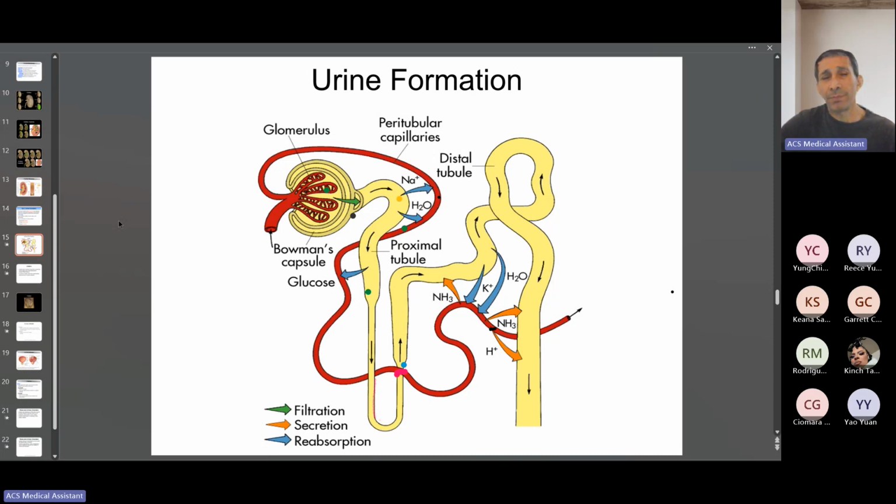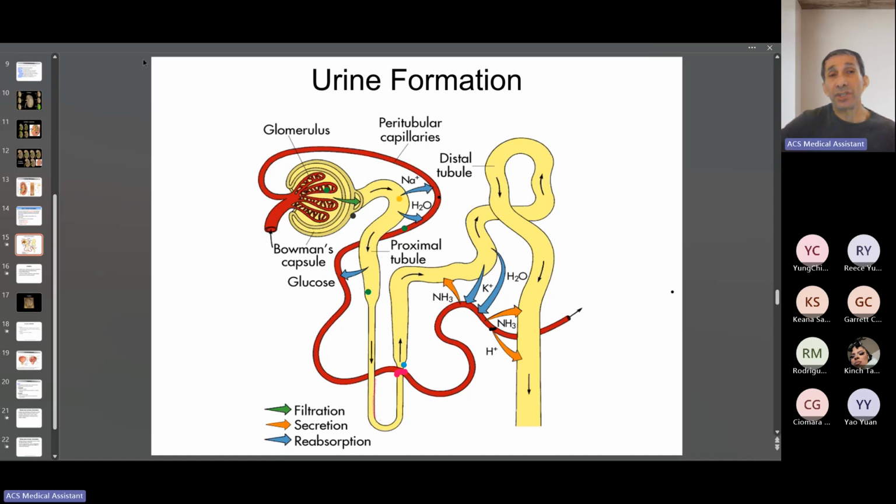Remember, just keep it simple: where does filtration take place, where does reabsorption take place, where does secretion take place. But in general, all of them happen within the nephron. And what is the nephron? It is what makes up the kidneys. These cells make up the kidneys.